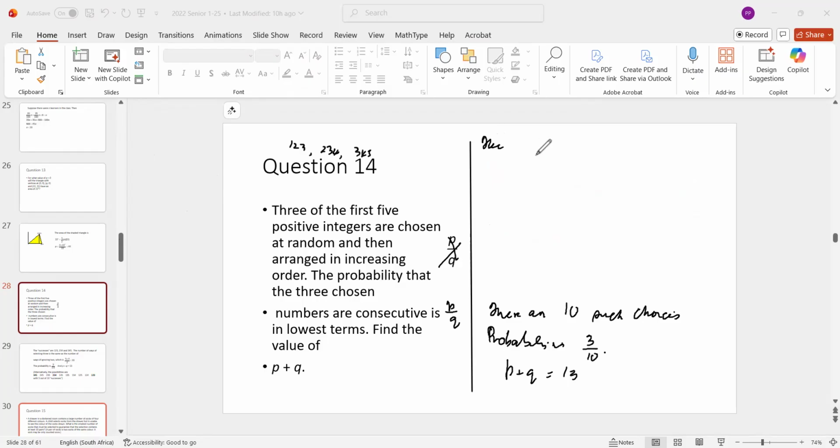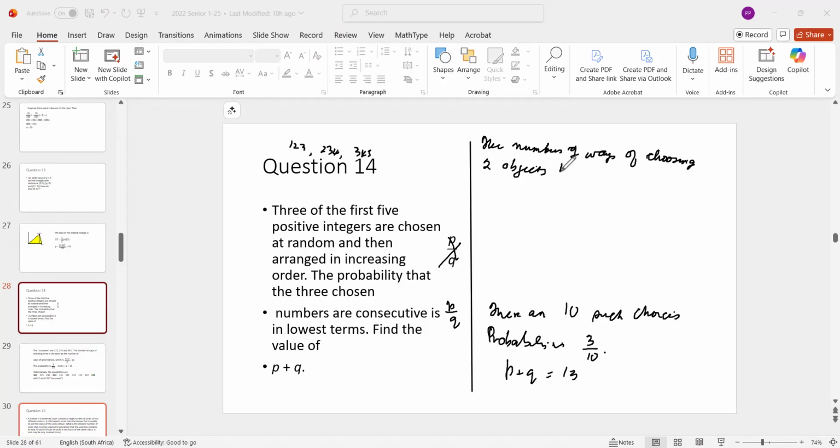The number of ways of choosing two objects. We'll call them objects. Could be cows, whatever. In this case, they are the first 5 positive integers.